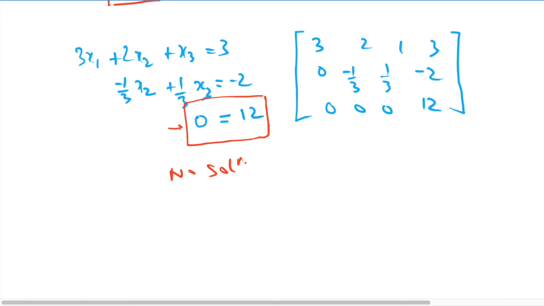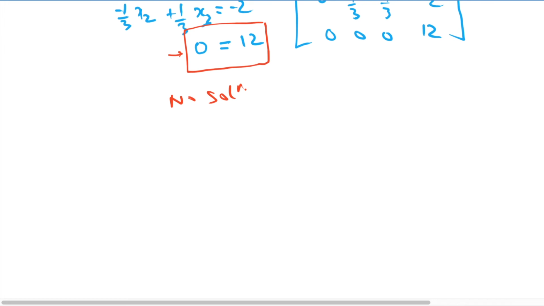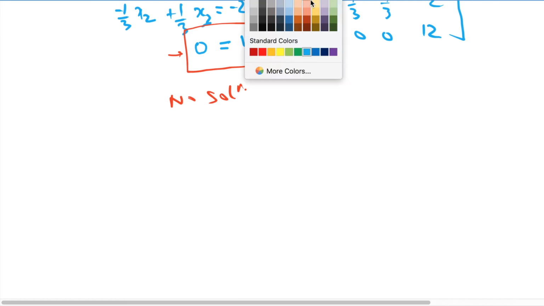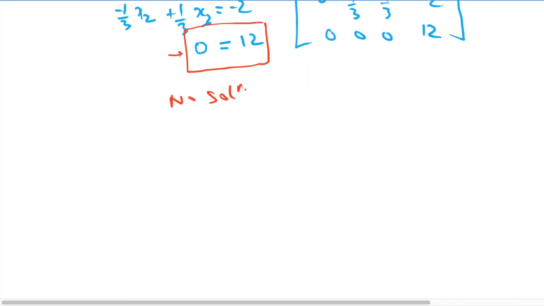Just to generalize now, at the end of the Gauss elimination, the reduced linear system will have the following form. Let me write it down.